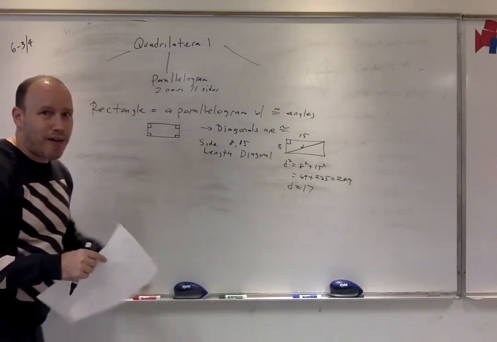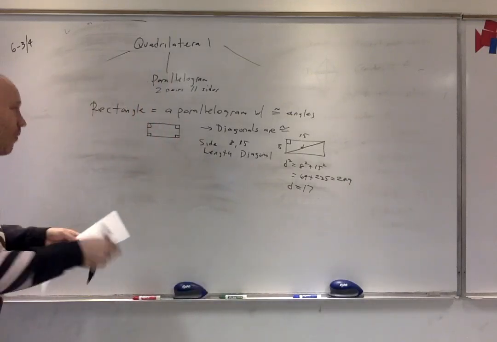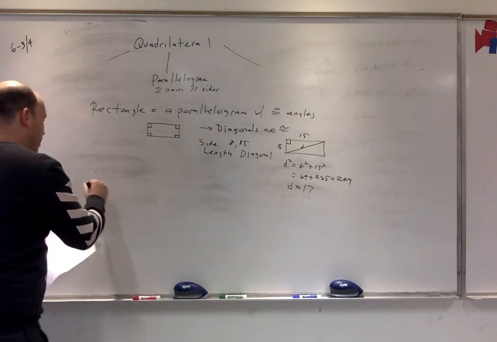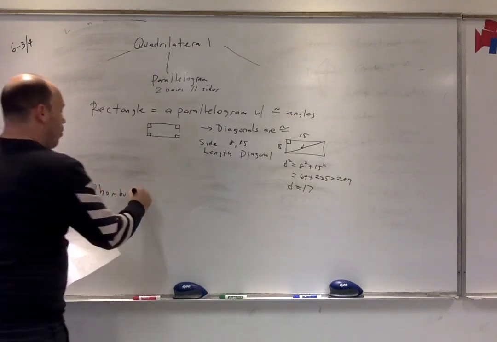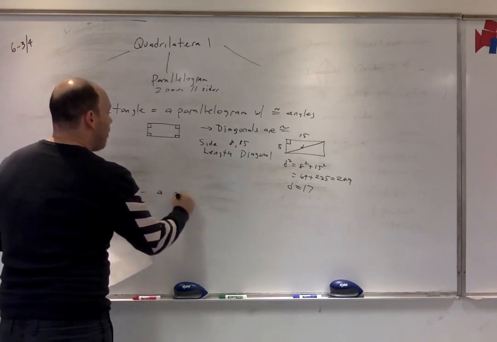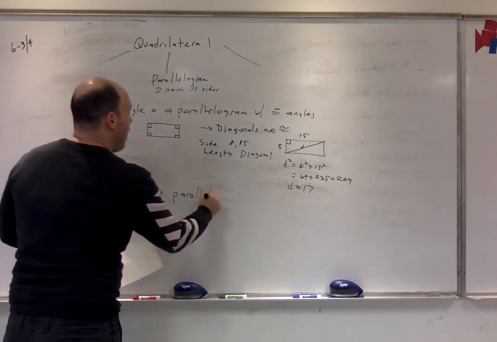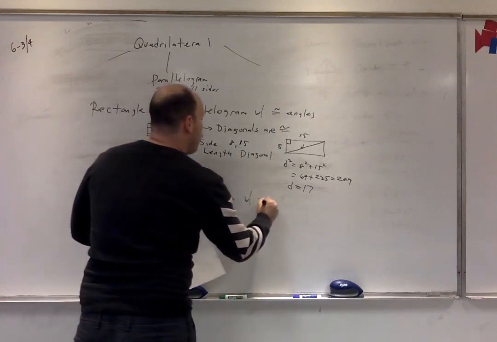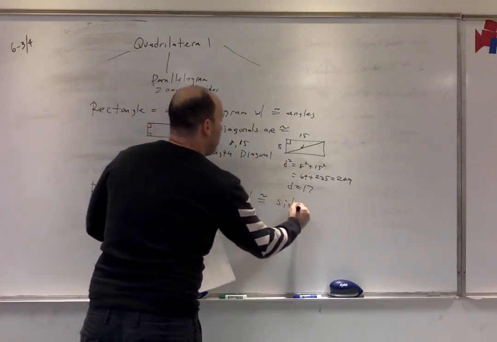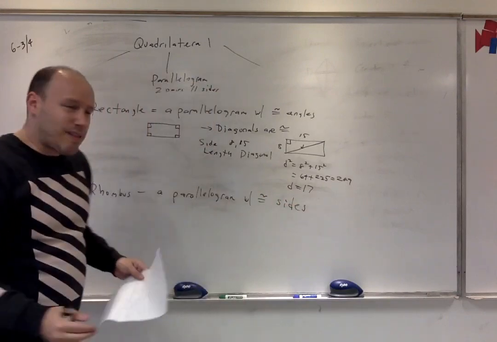Rectangle, yay, we like it, but I love the rhombus. What is the rhombus? It's a parallelogram with congruent sides. And that's kind of cool.